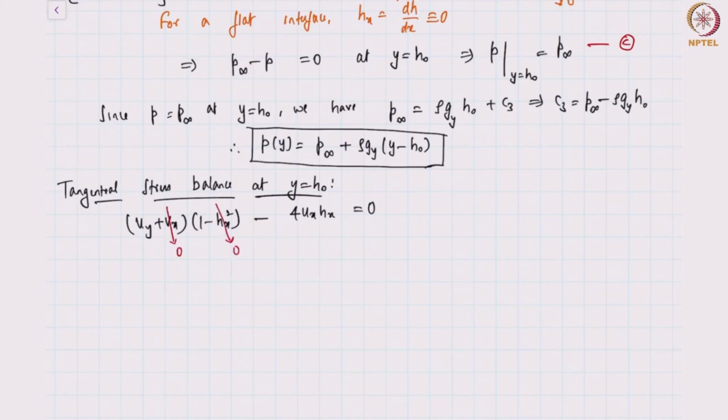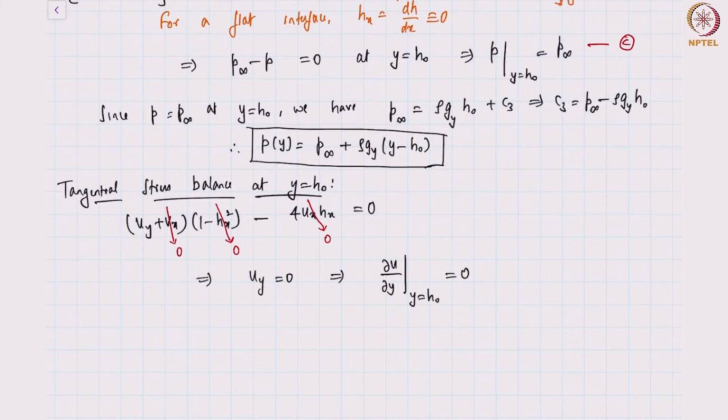Hx is 0, and these terms are again 0, both because of fully developed condition as well as Hx being constant. And this simply simplifies to uy is equal to 0. Or in other words, del u by del y at y equals h naught is 0. That's the condition that I get from the tangent stress balance.